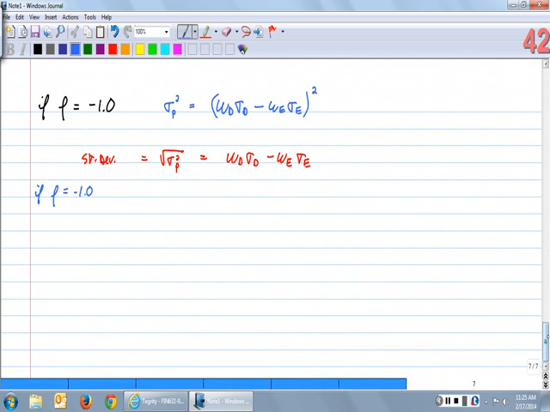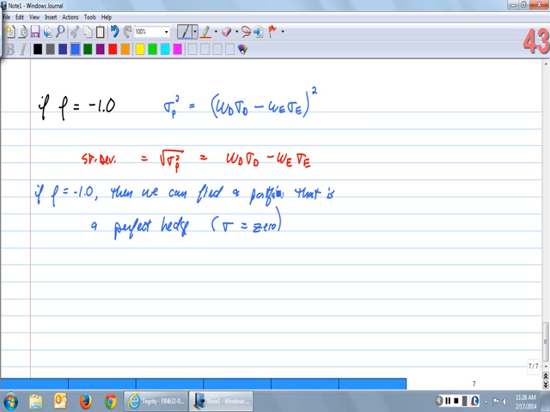So if my correlation is equal to negative 1, then we can find a portfolio that is a perfect hedge, i.e. where standard deviation is equal to 0.